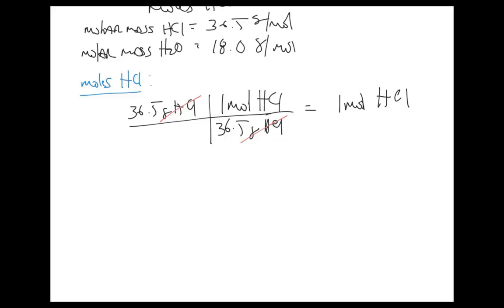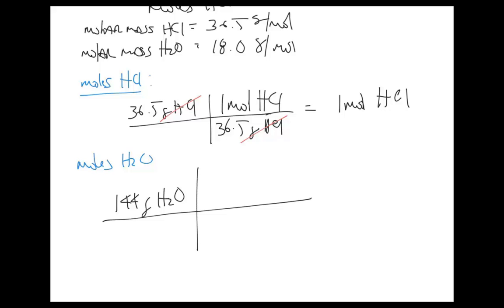Now for the moles of H2O, we start with 144 grams of H2O, and the same way we know that 1 mole of H2O is equal to 18 grams of H2O.